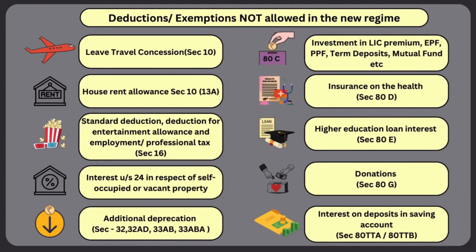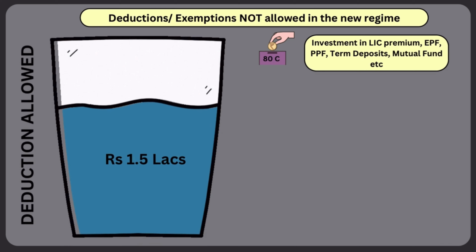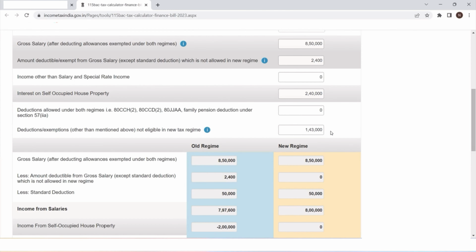For example, the maximum limit up to which you can claim deduction under 80C is rupees 1.5 lakhs per year. Similarly, the maximum deduction that you can claim on the interest paid on your home loan for self-occupied property is rupees 2 lakhs under section 24(b), and this deduction can be claimed only in the old regime.